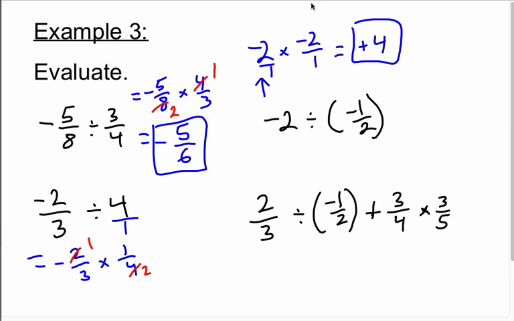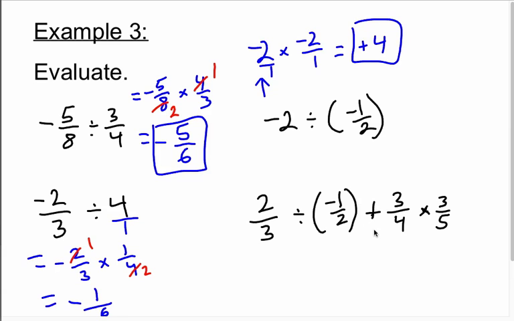Negative times positive gives you negative. 1 times 1 is 1. 3 times 2 is 6. So this is -1/6.